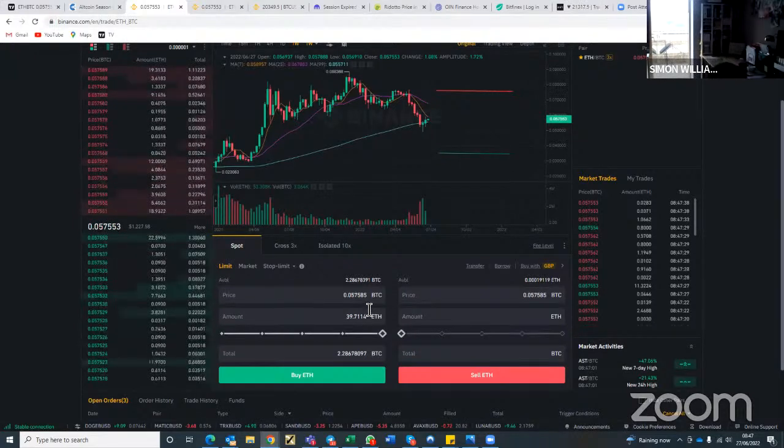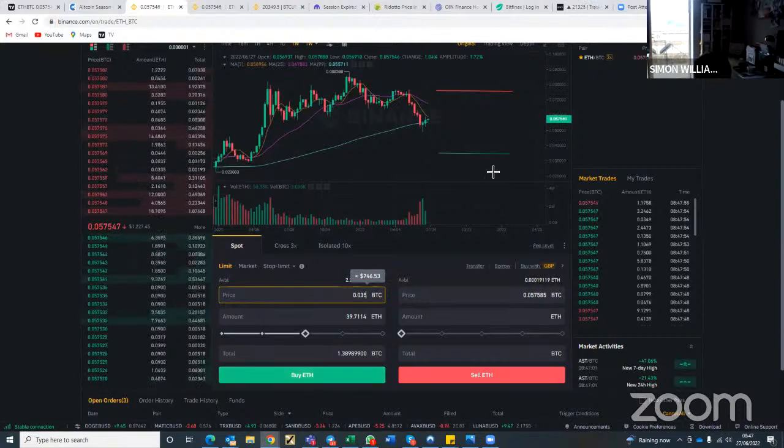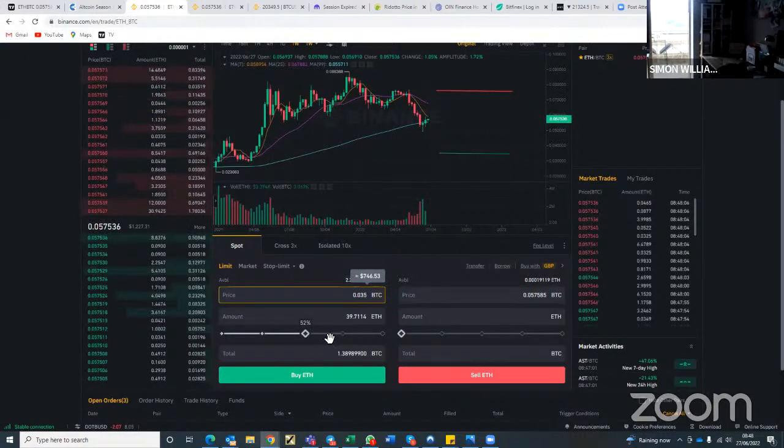So the green number there is, let's call it, 0.0035. So price 0.0035. Once I press this buy ETH order, which I'll do in a minute, when price gets to 0.035, let's make it 100% again.